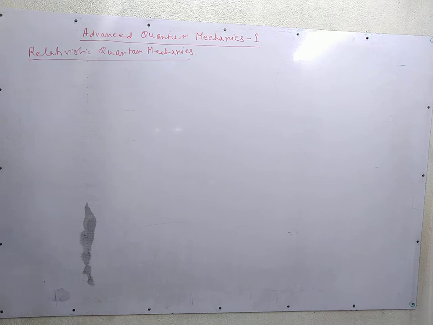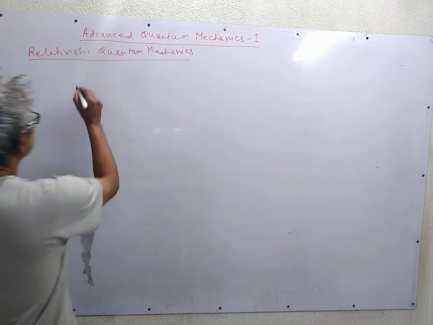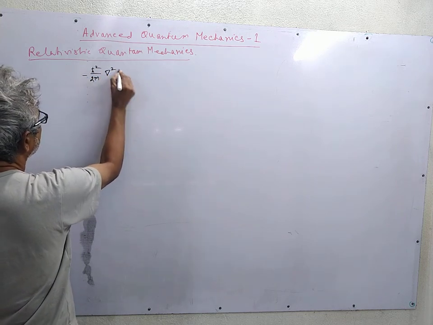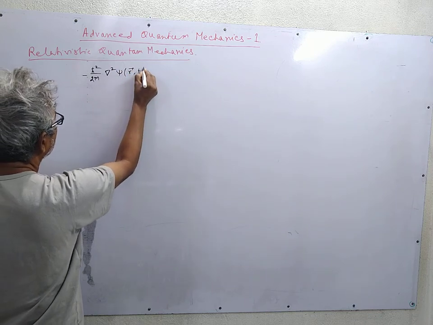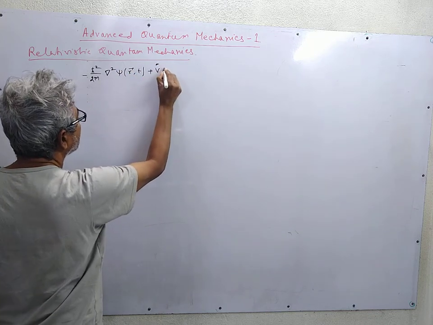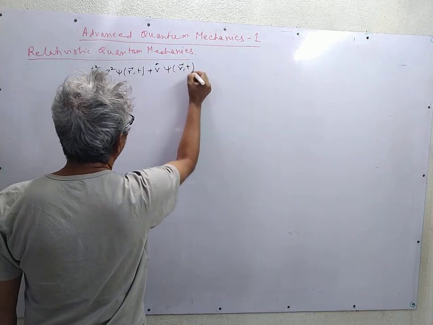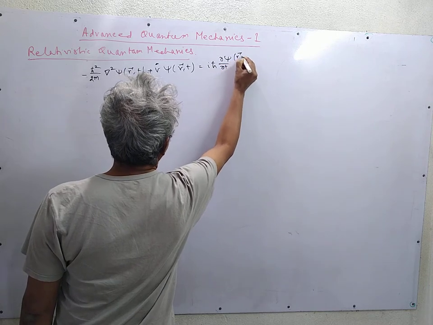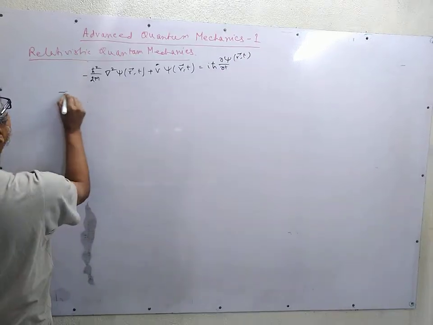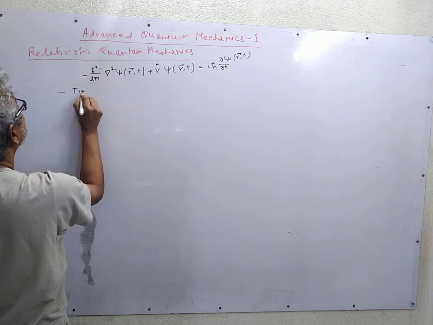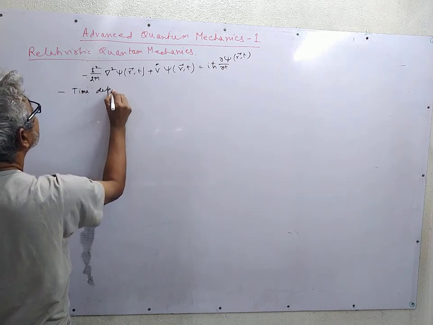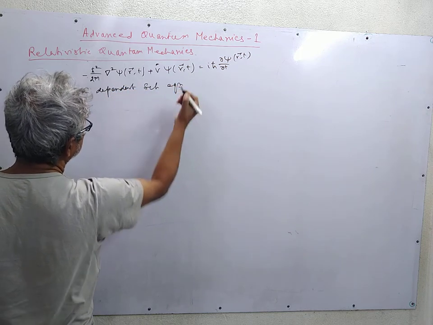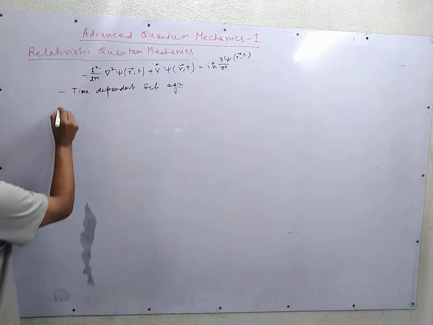Now, the time dependent Schrödinger equation, as we know, is minus h cross square by twice m del square psi plus V psi equals i h cross del psi del t of r, t.